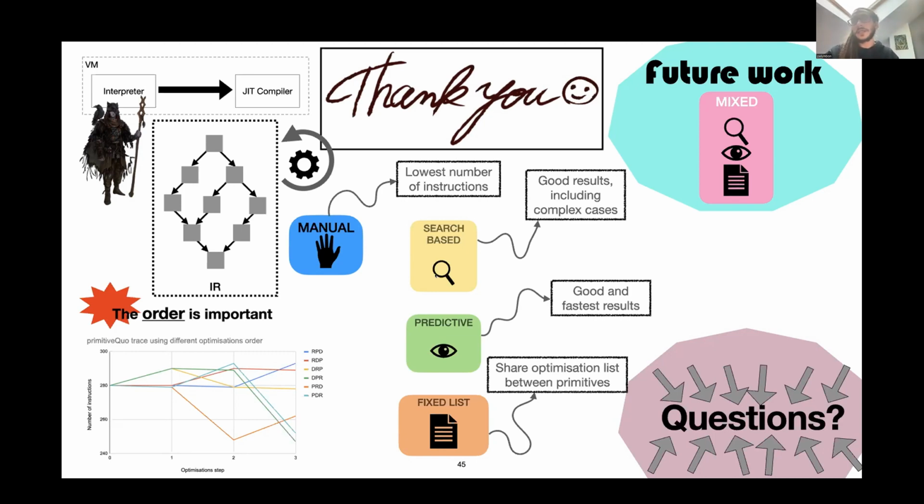Now, if I want to create, for example, a new primitive at the VM level, I have to implement it in the interpreter, understand how the interpreter works, and then understand and implement how the JIT compiler works too. So one of the main points of this automatic approach is to maintain only one of them.